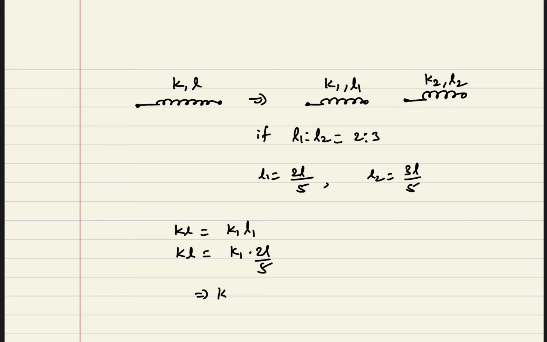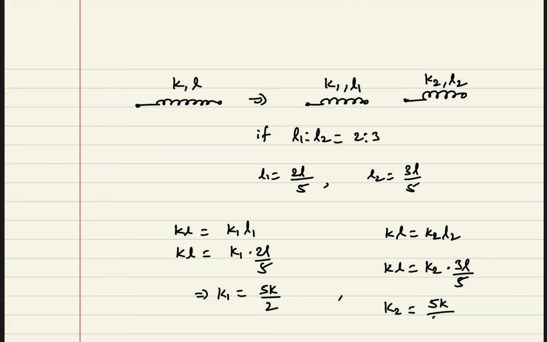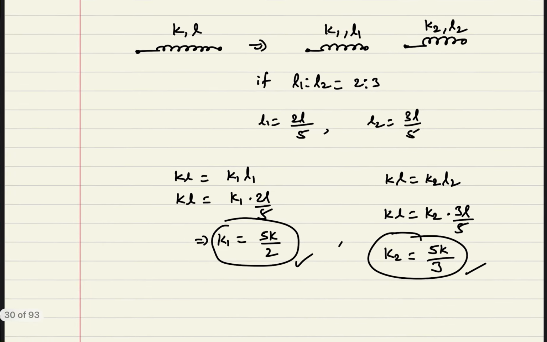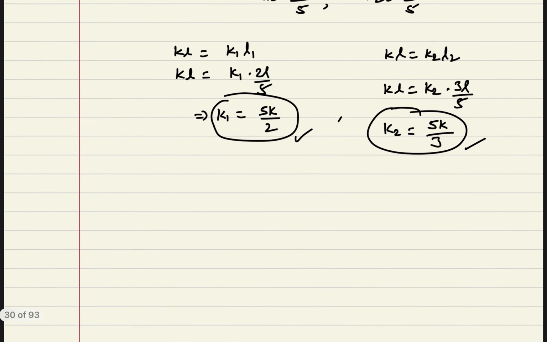We can see that K1 value is equal to 5K divided by 2. Similarly, K into L is equal to K2 into 3L divided by 5. Now we get the K2 value is equal to 5K divided by 3. These are the spring constants of the new cut parts, K1 and K2. Observe this carefully, how to write these spring relations.